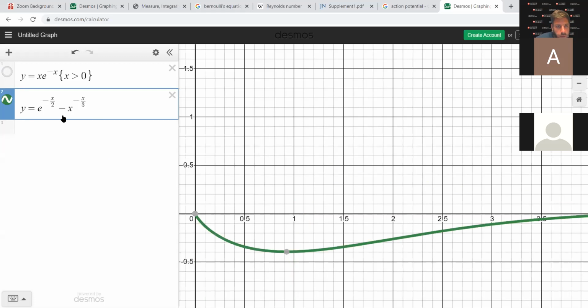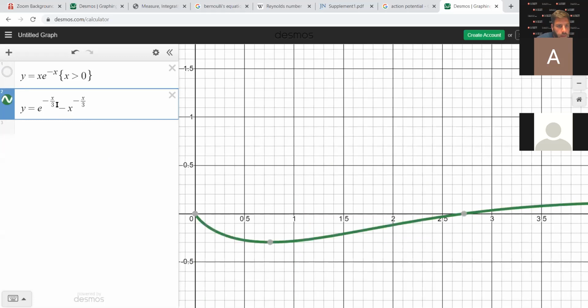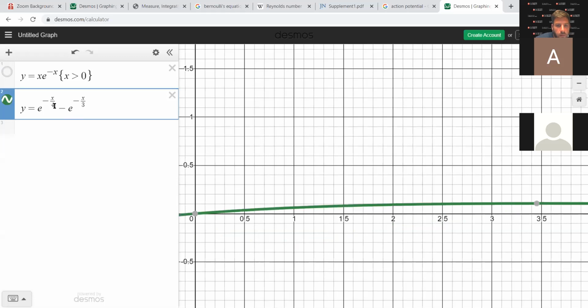Well, look at that picture. Now, what if you switched it? What if it was 3? Oh, hold on a second. No one's yelling at me. This is not an x here. This should be an e. No wonder we're getting things that don't make sense. So let me go back.